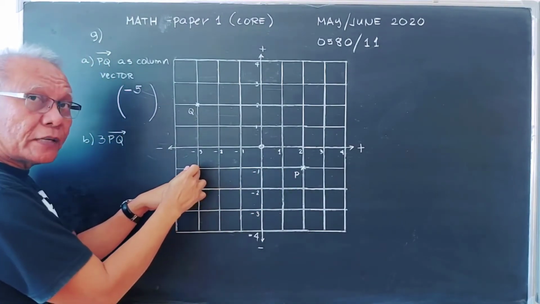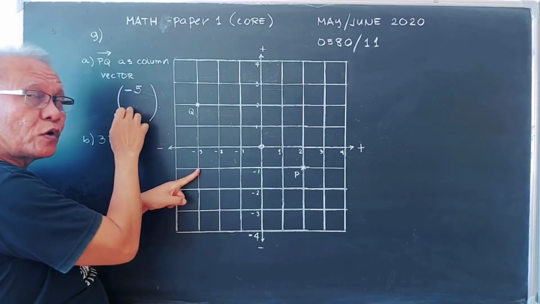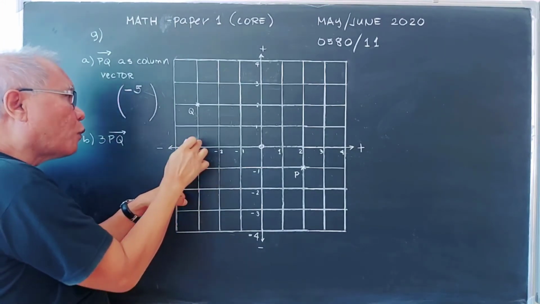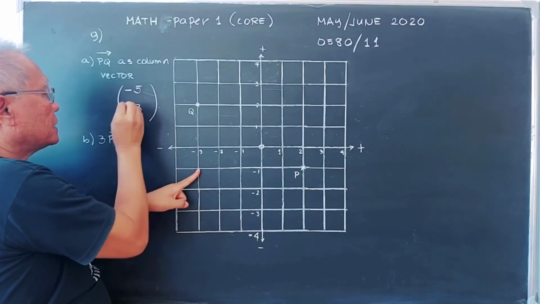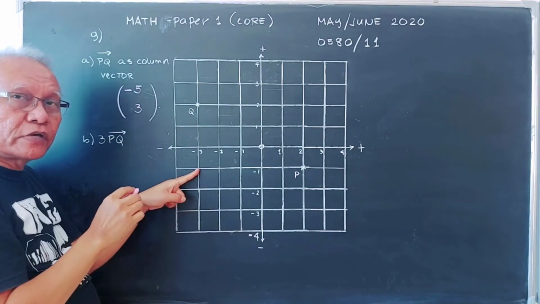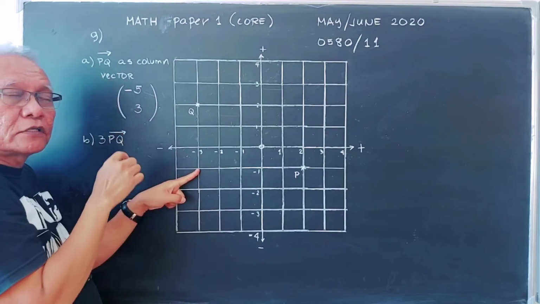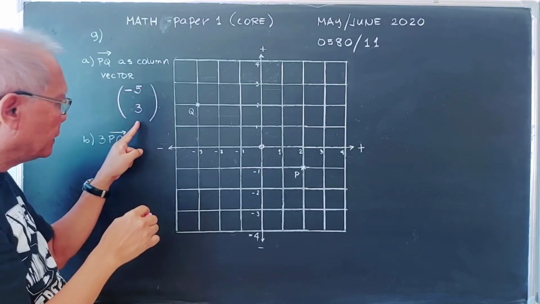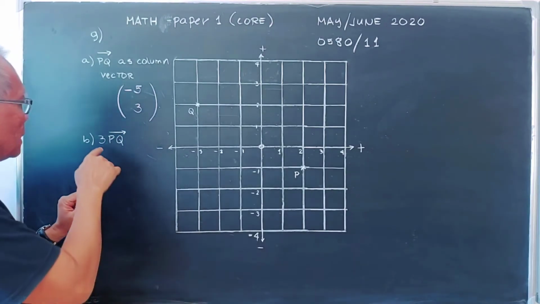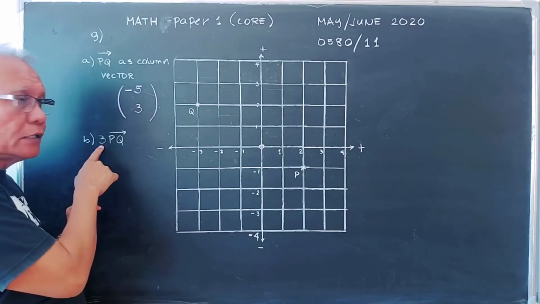Then we are going up. It means that this one will be positive. So, we have 1, 2, and 3. So, this one is our column vector for vector PQ: -5 and 3.